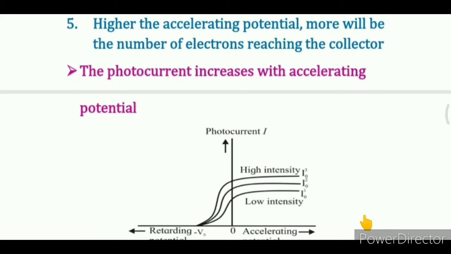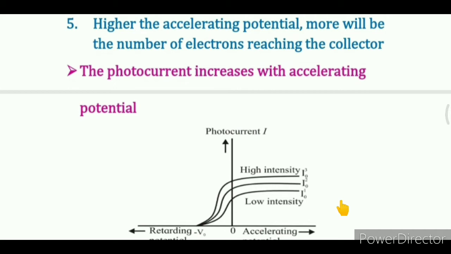Just recall the experimental setup when the collector plate is placed at the positive potential, and the electrons are emitted from the emitter plate, the photoelectric current is shown in the microammeter, and that's why we can say that all the electrons are attracted towards the collector plate.